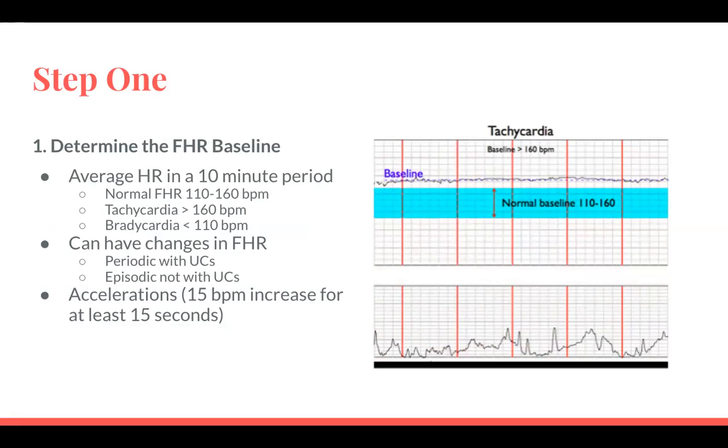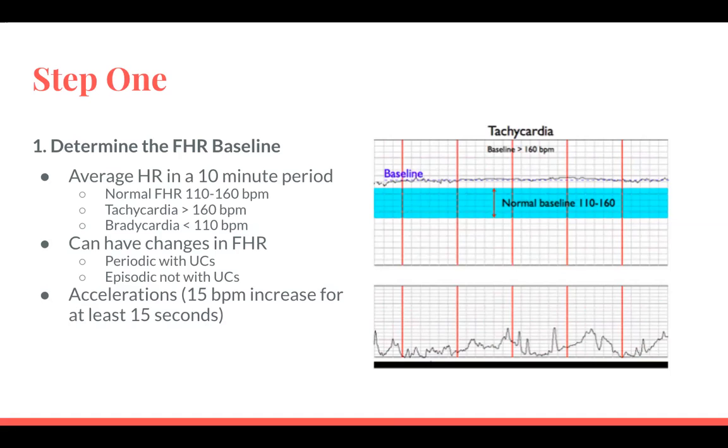I talked a little bit about it before. Periodic is with the contractions, and episodic is not with the uterine contractions. If there are changes that consistently happen with the uterine contractions, those are periodic changes.